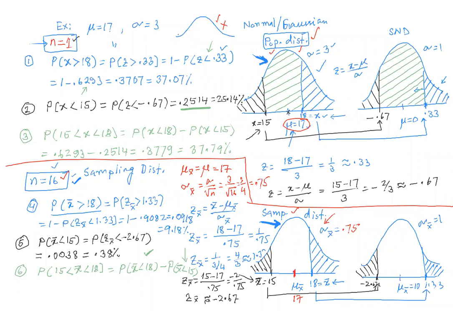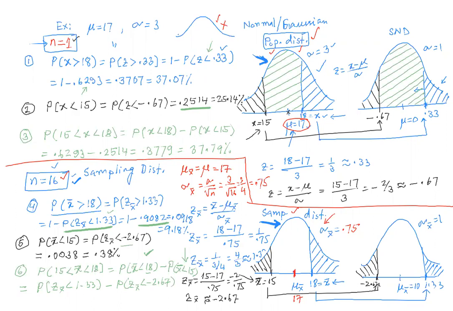The probability of x bar less than 18, we already have that number, which is 0.9082. I have to convert this, one more line, I don't have enough space. This is the same as the probability of z sub x bar less than 1.33, because 18 converts to 1.33, minus the probability of z sub x bar less than negative 2.67, which we just found right here.